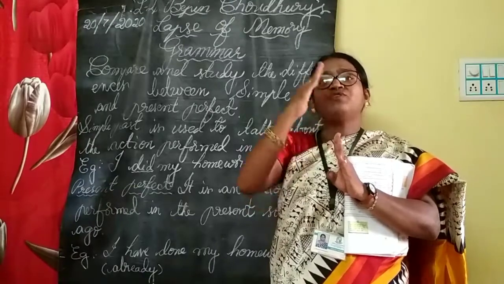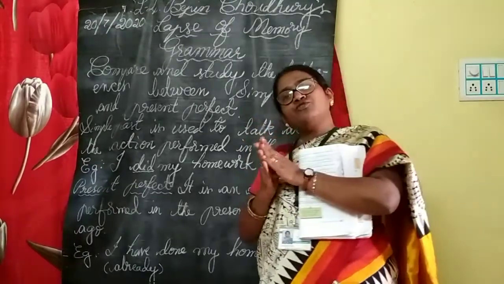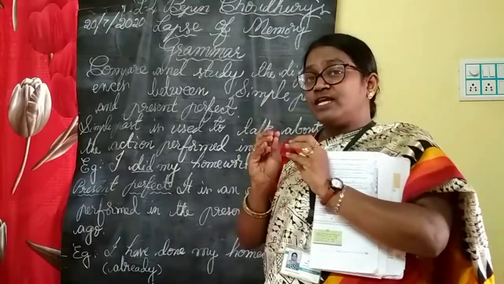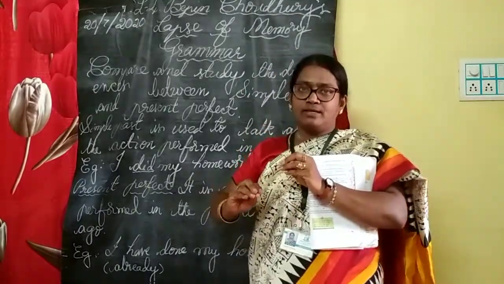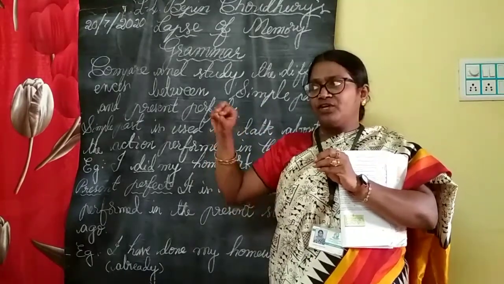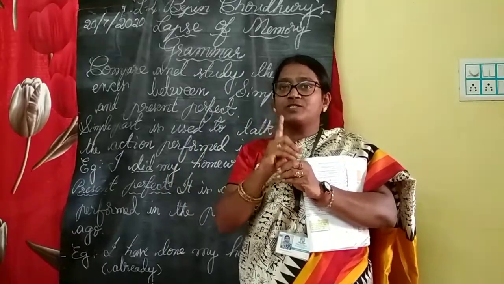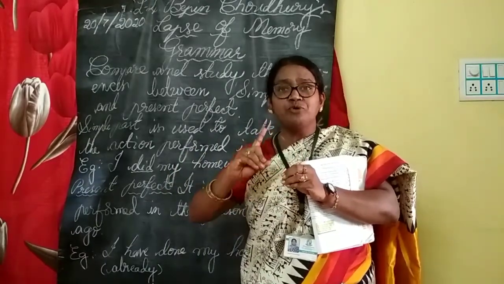In simple past, we mention the time of action. When it comes to present perfect, we never mention the time. We do something, but we never mention the time. Wherever you are not mentioning the time, always remember that is expressed in present perfect.